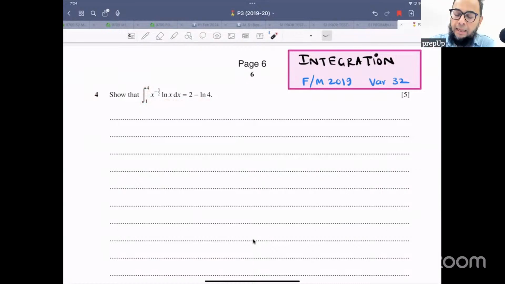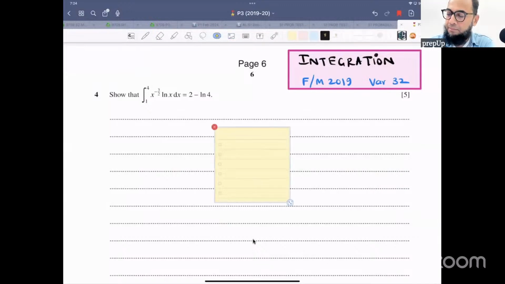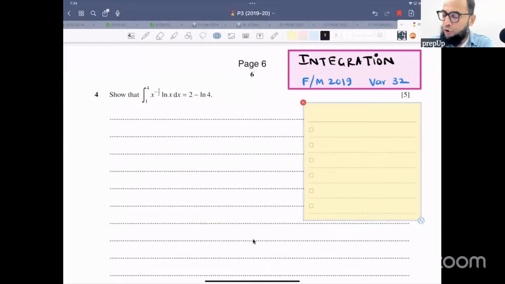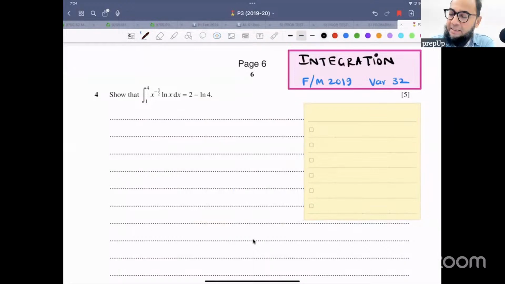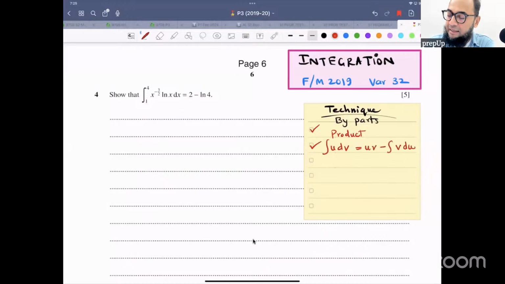First of all, let me take some sticky notes and apply them over here. These sticky notes are about the technique of integration that we need to apply. The technique here is integration by parts. We know that by parts applies to a product of two functions, and we use this formula: integral of u dv is uv minus integral of v du.